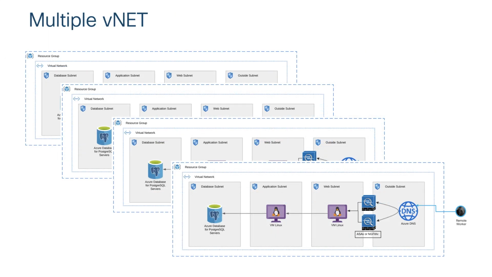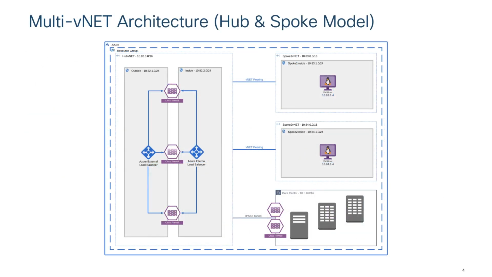The other thing is, if you have multiple VNets, it becomes really difficult to have firewalls in each VNet, so deploying a firewall in each VNet is not a scalable model. So in this architecture, we have created a hub VNet, and the hub VNet is connected to spoke VNets using VNet peering.